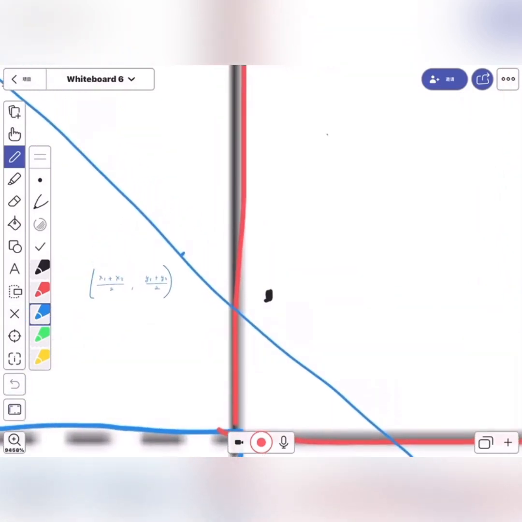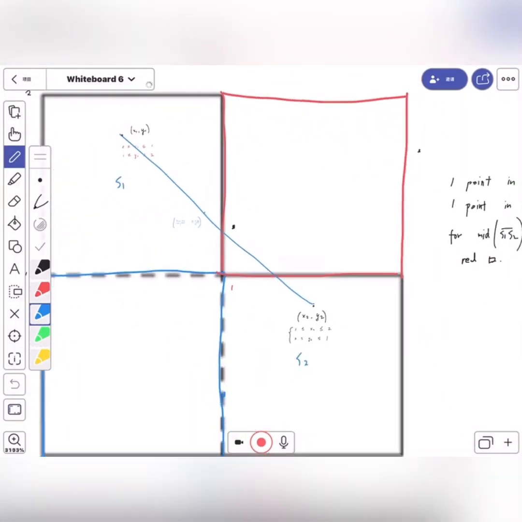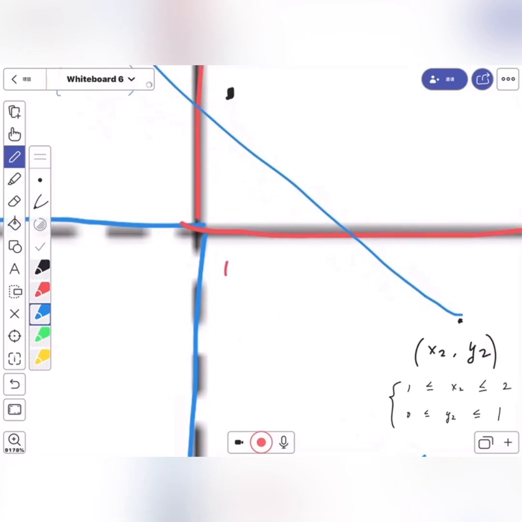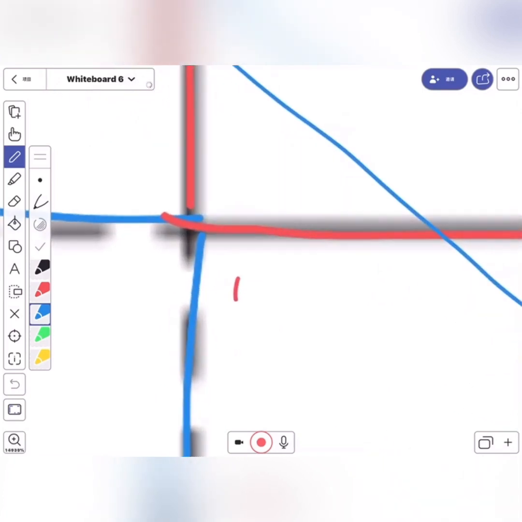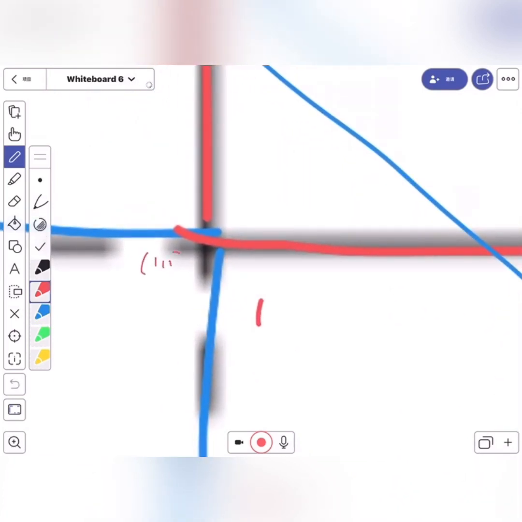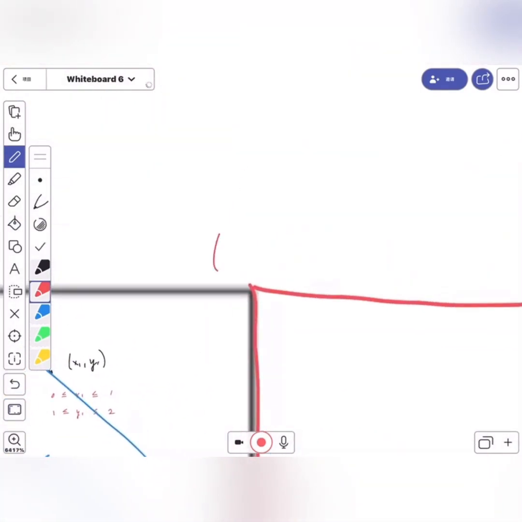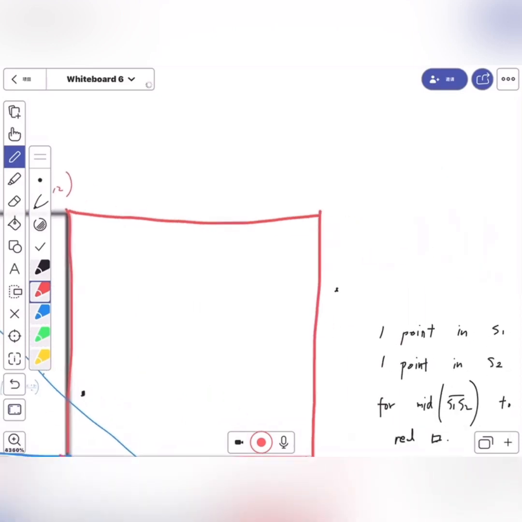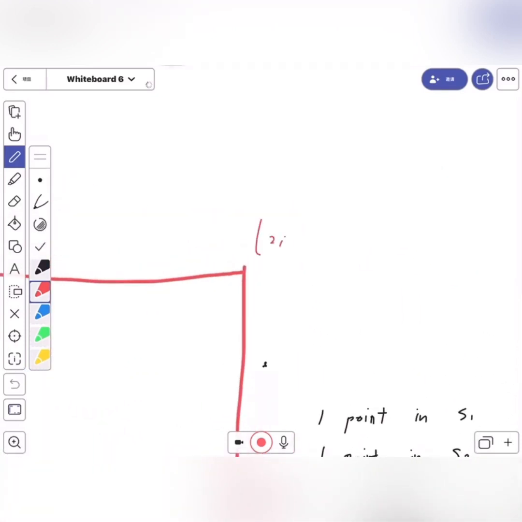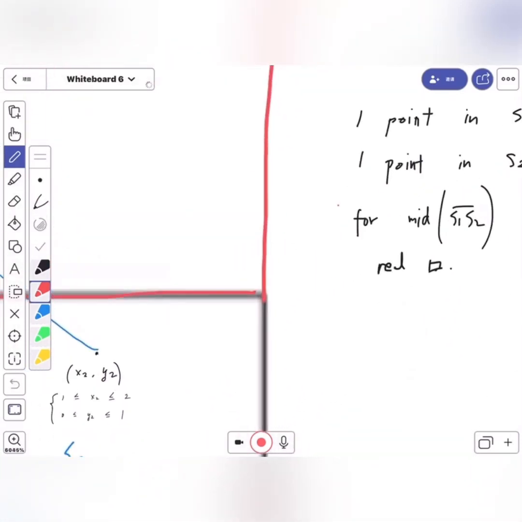So now, what are the coordinates of the 4 corners of this red square? Well, here we have 1, 1, and here we have 1, 2, and here we have 2, 2, and here we have 2, 1.